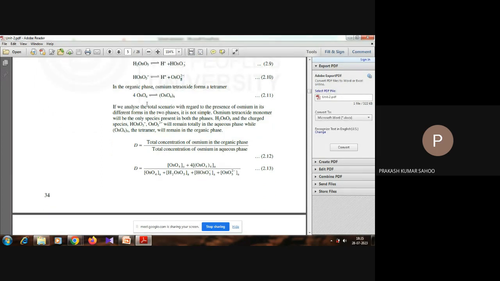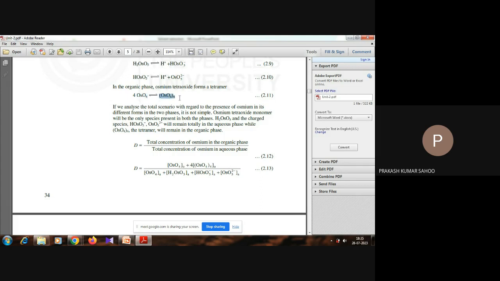But in the organic phase we have tetramerization. The OsO4 tetramer will bond to form a bigger molecule, a single unit, that is OsO4 whole 4. So in your organic phase we have 2 parts, OsO4 and this big molecule.